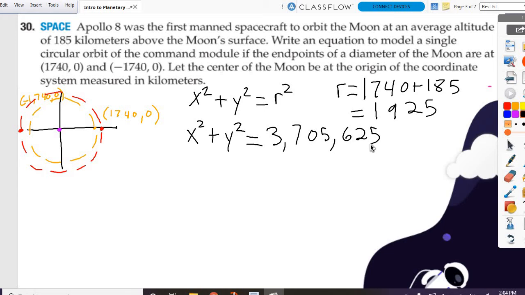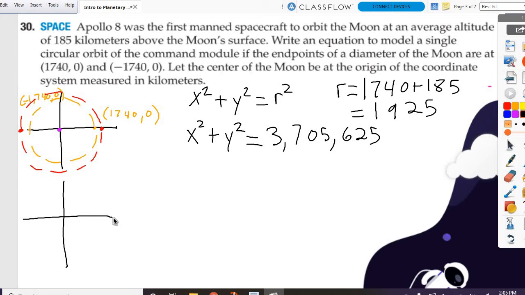Now that's the first way that we could do it. When we're looking at our project, we're going to look at one more example that's kind of like this. Because we were just talking about the orbit around this moon, it was okay for us to take into account the diameter of the moon itself. But when we're traveling through space, we're going to be going hundreds of thousands of kilometers.